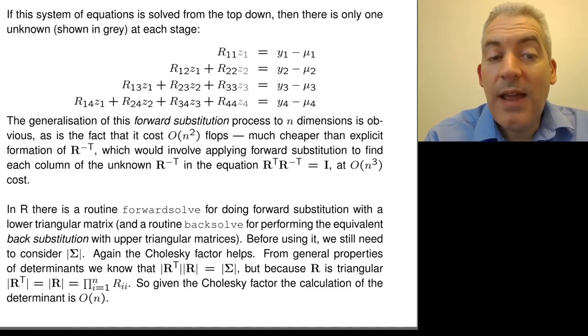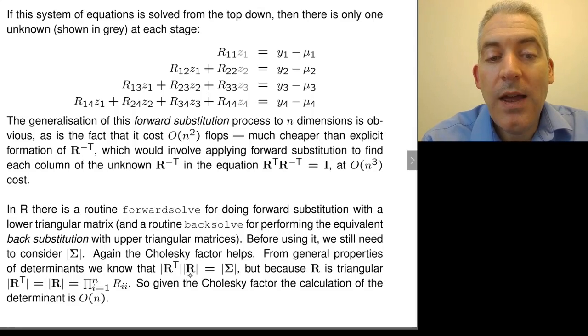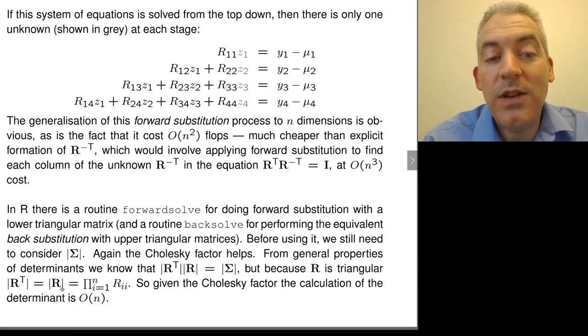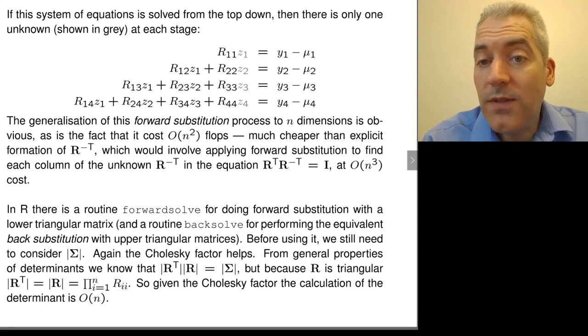We still haven't figured out the determinant of sigma, but actually this is easy as well because we know it's just the square of the determinant of R, and we know the determinant of R because R is upper triangular, and so the determinant is just the product of the diagonal elements.